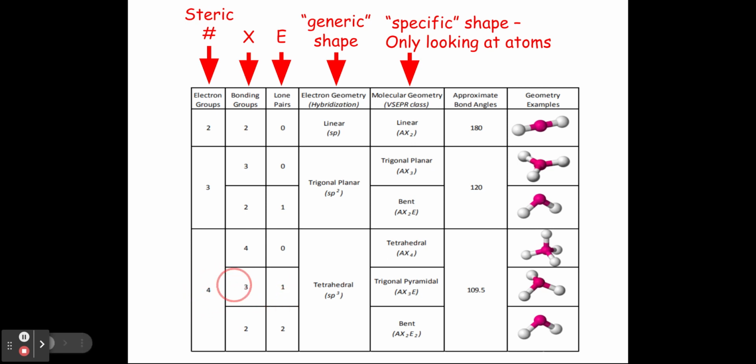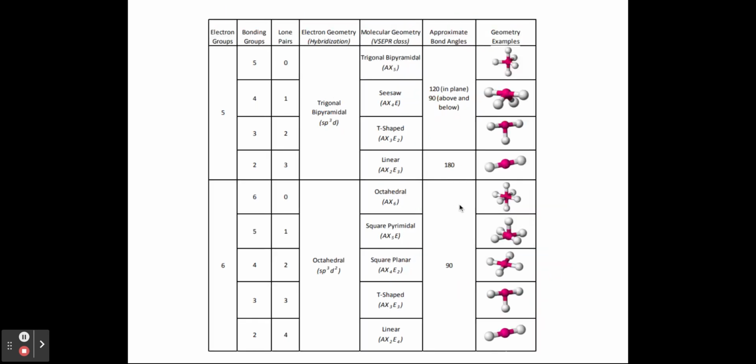So it's got the same number of total groups. So it means that the electron group geometry is going to be tetrahedral still, but the actual shape of the molecule is not tetrahedral. It's something different. So we call that trigonal pyramidal, because the lone pair is pushing these 3 atoms down, making what looks like a pyramid shape. Okay, and so that's what we're looking at here.